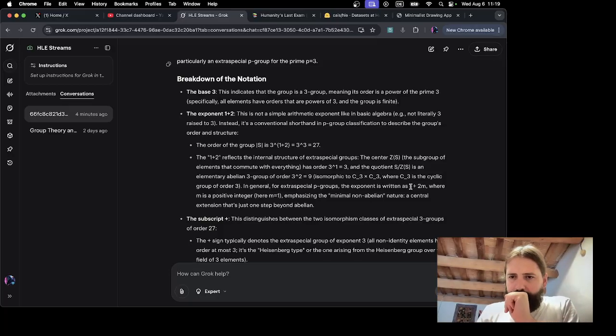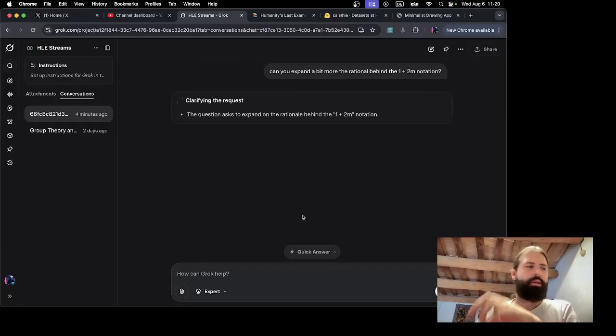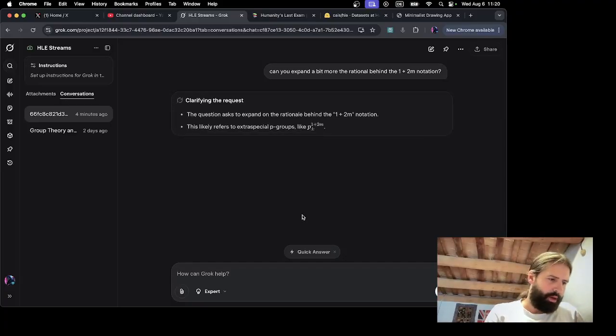So, can you expand a bit more on the rationale behind the notation?